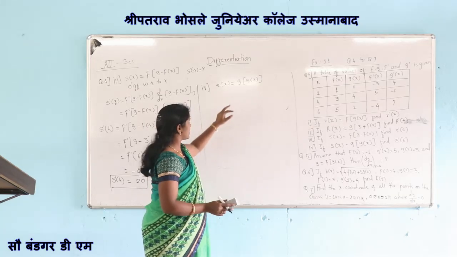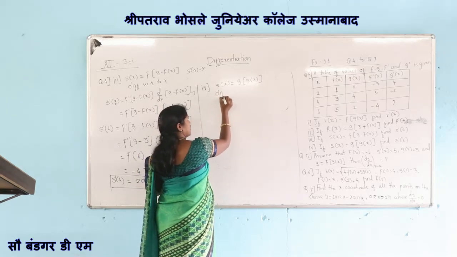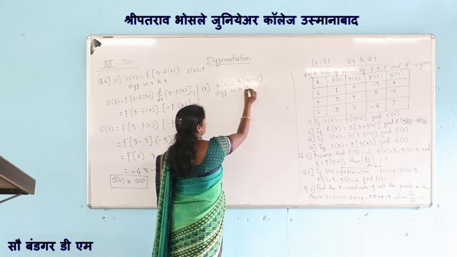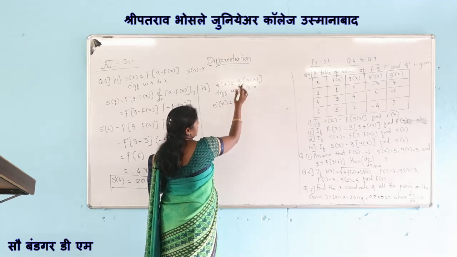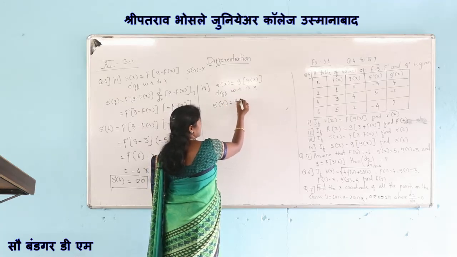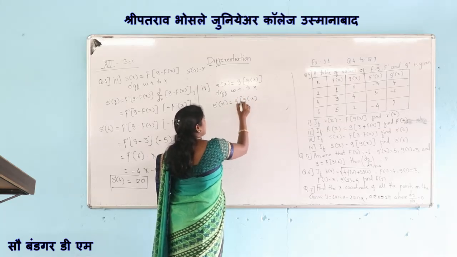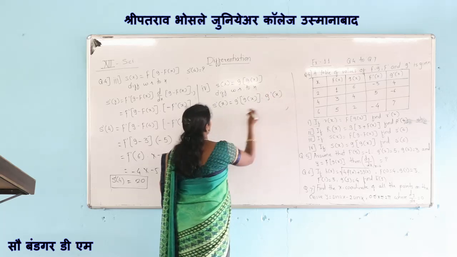Now to find s dash of 6, we have to differentiate this s of x. So differentiating with respect to x, we get s dash of x is equal to the derivative of g of g of x, g dash of g of x, and multiplied by the derivative of g of x, that is g dash of x.